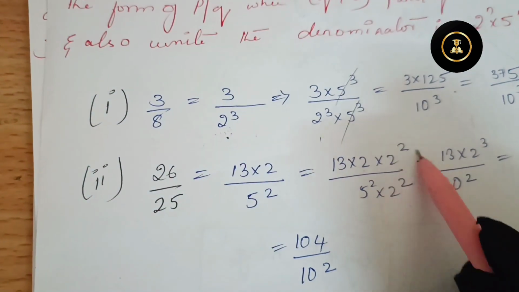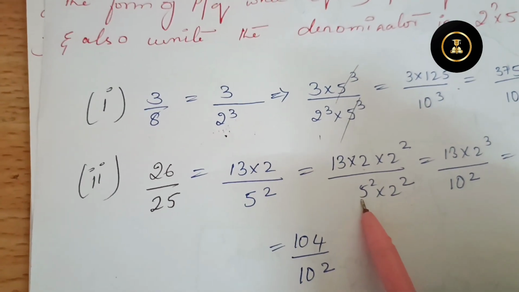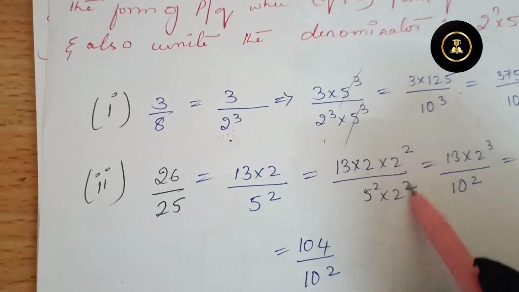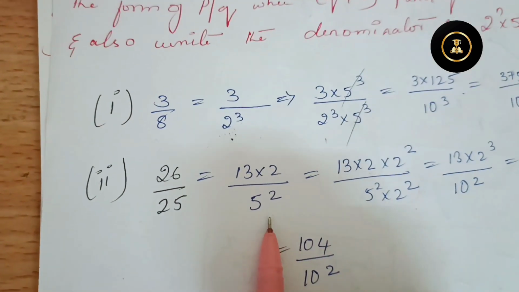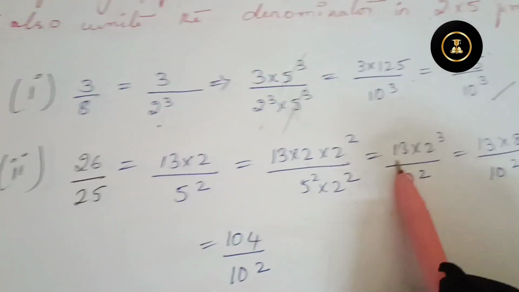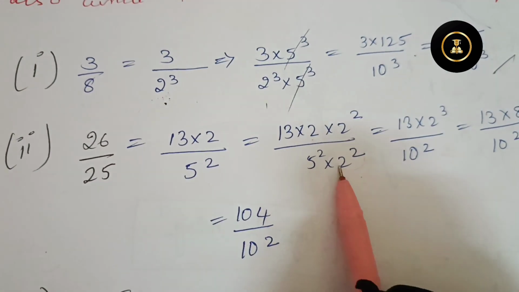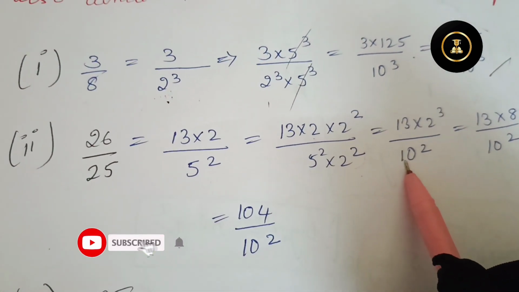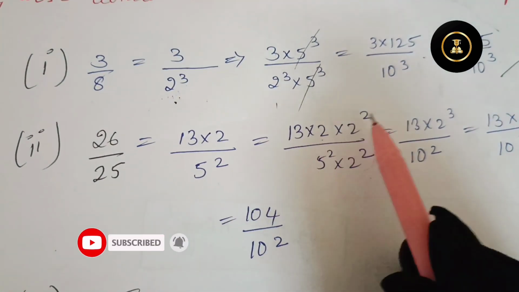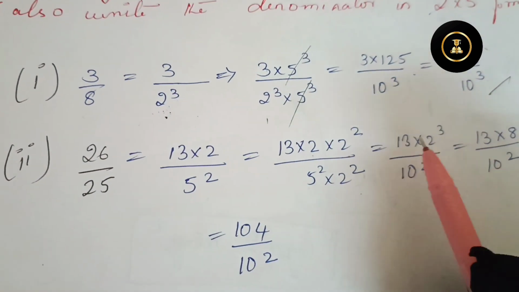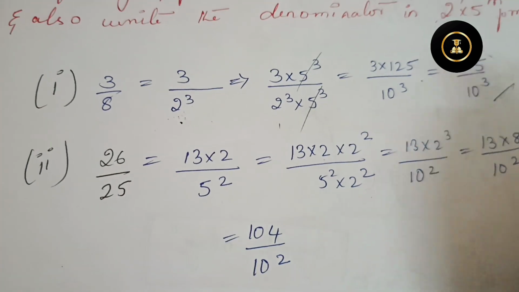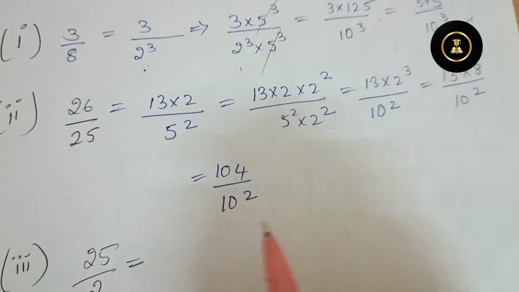When we cancel this, it will remain like that, 13 2s are 26 by 25 only, 5 square. So coming here, the powers are the same, so 5 2s are 10 square. Here 2 2s are 4, 4 2s are 8, which is nothing but 2 cube. So 13 8s are 104, 104 by 10 square.